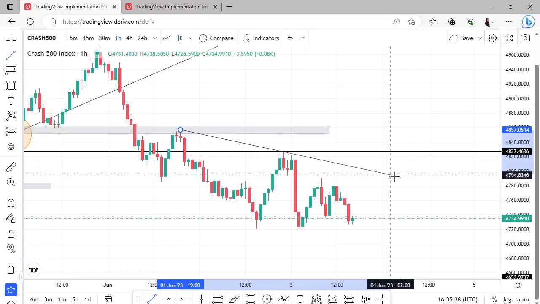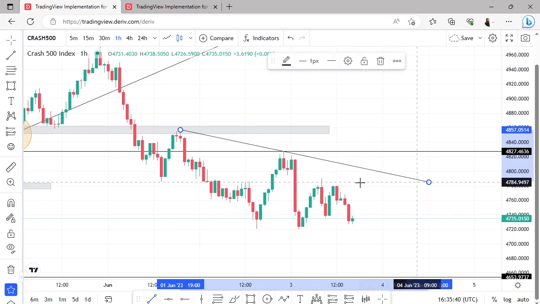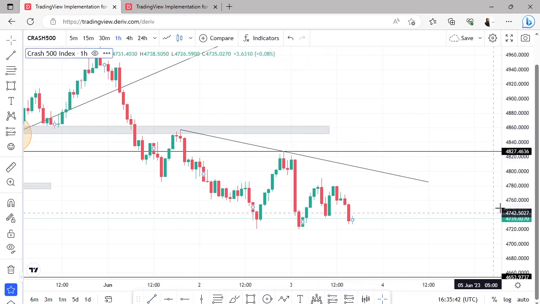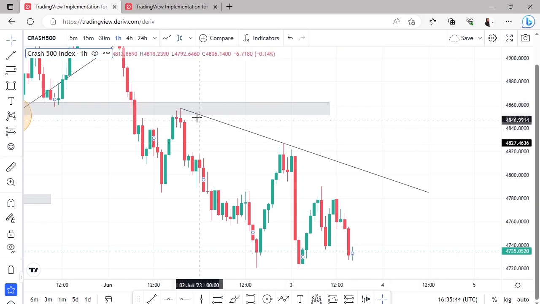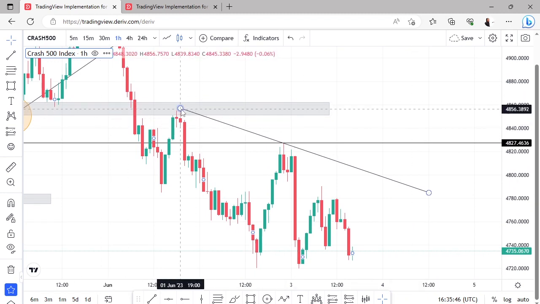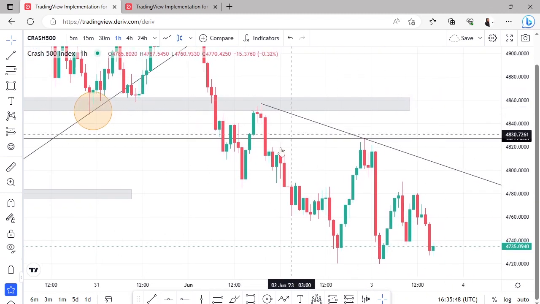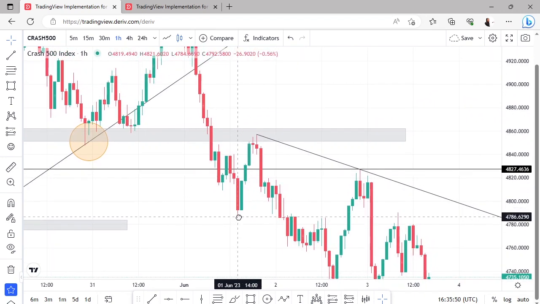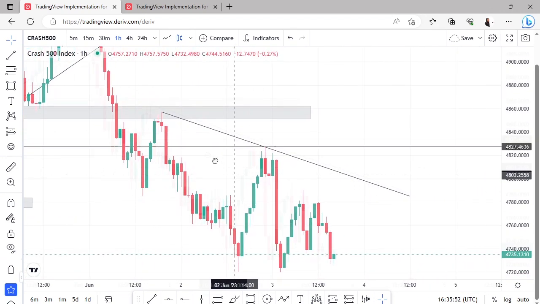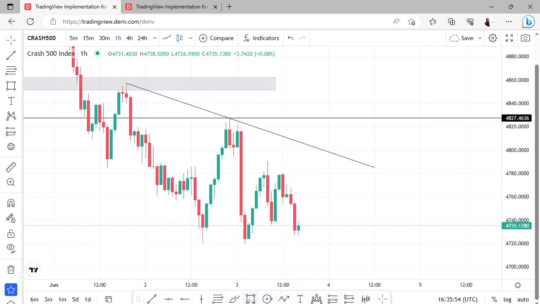So you can also mark out this type of area, knowing that this is your higher low, a lower high, lower low. This is your lower low over here. This is your lower low.